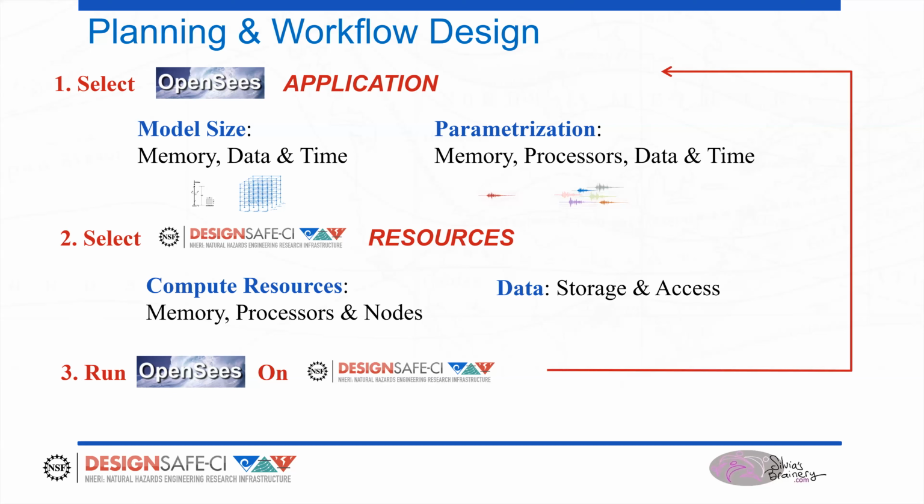So, of course, this becomes an iterative process because you want to do this starting from a small scale of your project. And as you build up your project, you may need to switch. Maybe you can start with the serial or sequential OpenSees, and then try to decide which parallel application for OpenSees to use. And I will show you today what these different applications are and what the recommended use is, or intended use almost.